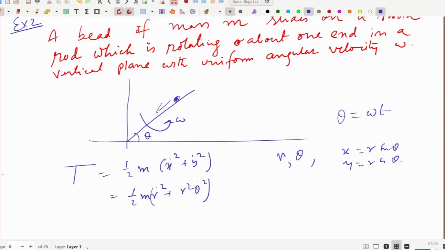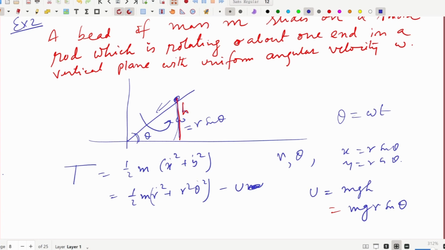The potential energy will be mg h, where h is the height. This can be written as mg r sin theta, because this angle is theta. So, it is at r sin theta height.